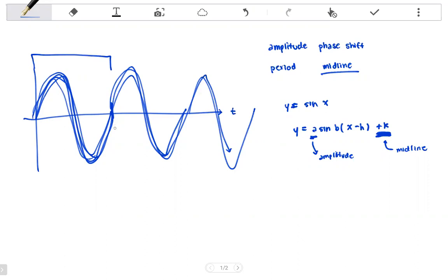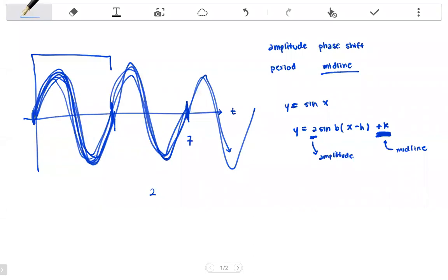So let's say this was 2 seconds right here. If it took two seconds for it to go like that, then our period is 2. Simple as that. Let's say this whole thing, from here to here, took 7 seconds.